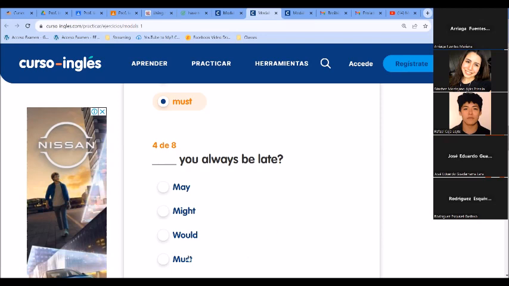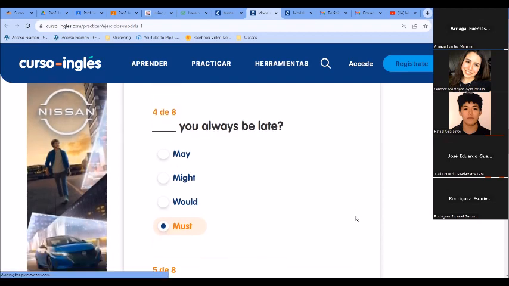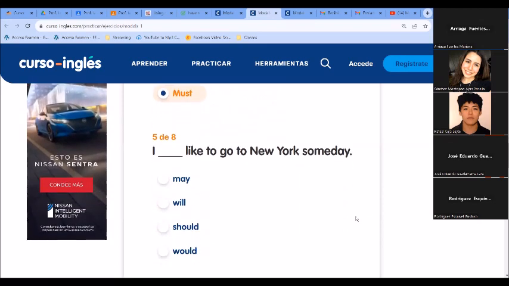Must you always be late? Claro, no quieres que la persona conteste. Sí, siempre tengo que estar tarde. Es más retórico. ¿Siempre tienes que estar tarde? All right. Good eye. Next one, Aileen.